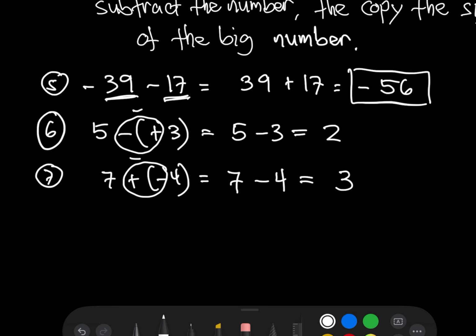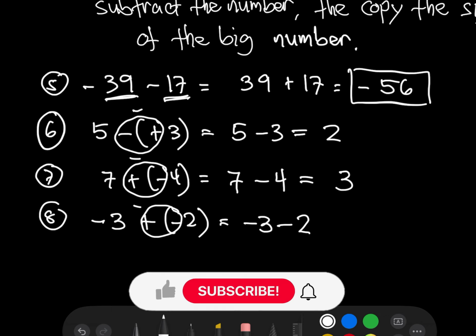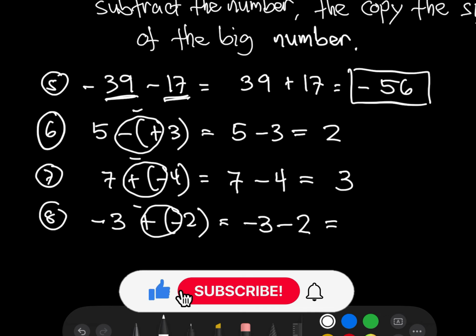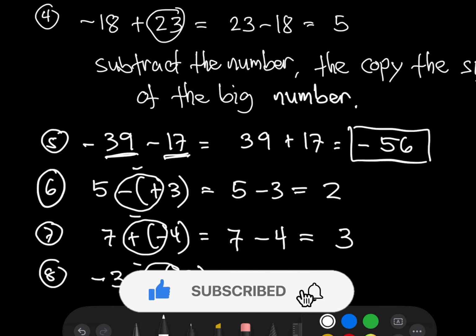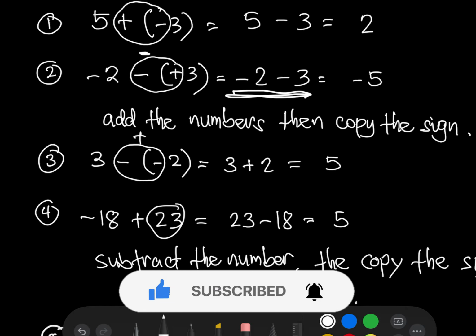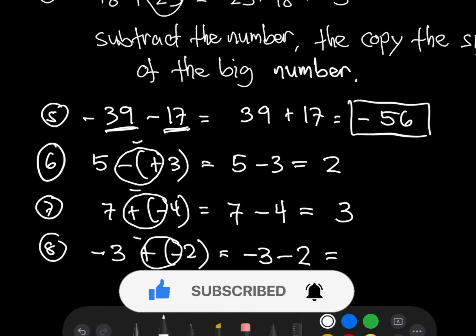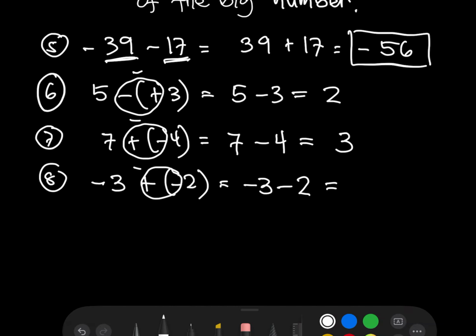Number 8, if you have negative 3 plus negative 2, you will get negative here. So it will become negative 3 minus 2. This example is still the same as problem number 2. Add the numbers, copy the sign.